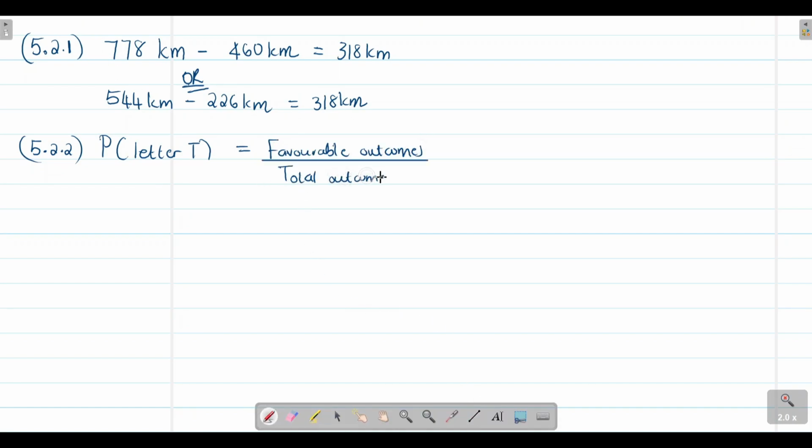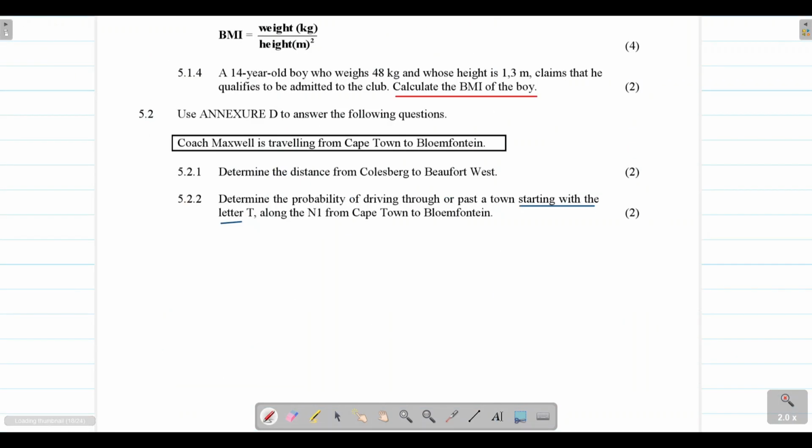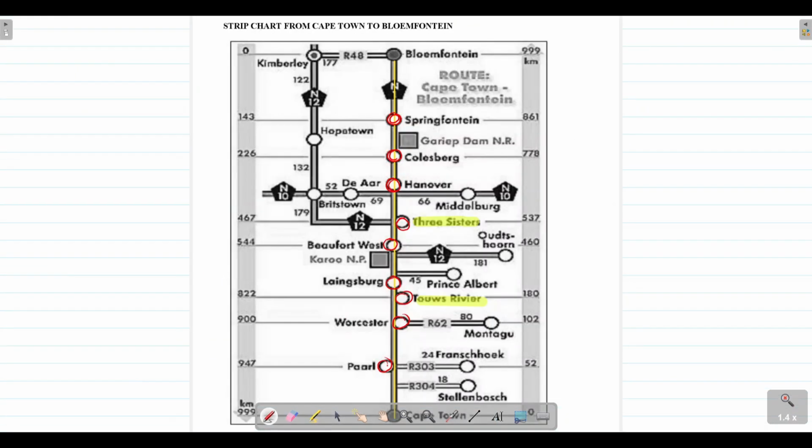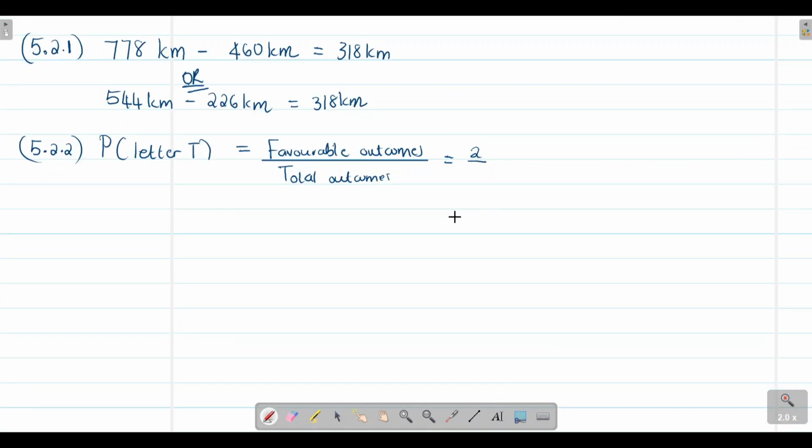So the favorable outcomes, what do we want? We want the towns that we will be passing through or past that start with the letter T. How many towns did we find here? It was two, so it's going to be 2 divided by the total outcomes. How many towns are along the N1 between Cape Town and Bloemfontein?